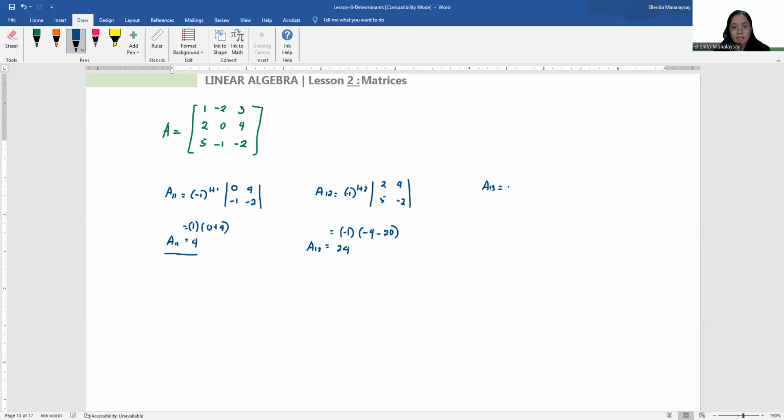Next, for A13. A13 is equal to -1 raised to 1 plus 3 times the determinant of a matrix formed by deleting the first row and the third column. So we have 2, 0, 5, -1. 1 plus 3 is 4, and -1 raised to 4 is +1.